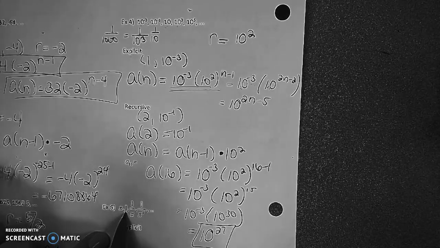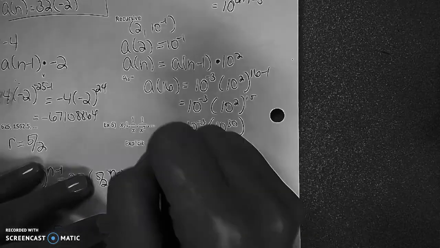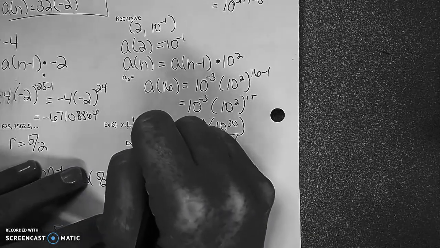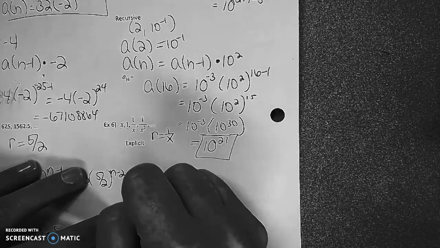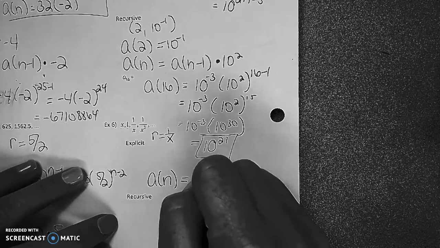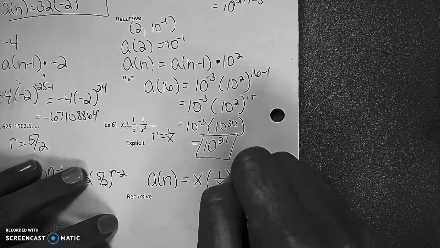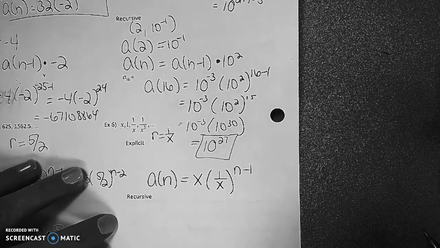So if I take a term and I divide it by its previous term, I can see that R is 1 over X. So one of my explicit formulas could be I'm taking the first term and multiplying it by 1 over X to the n minus 1 times.